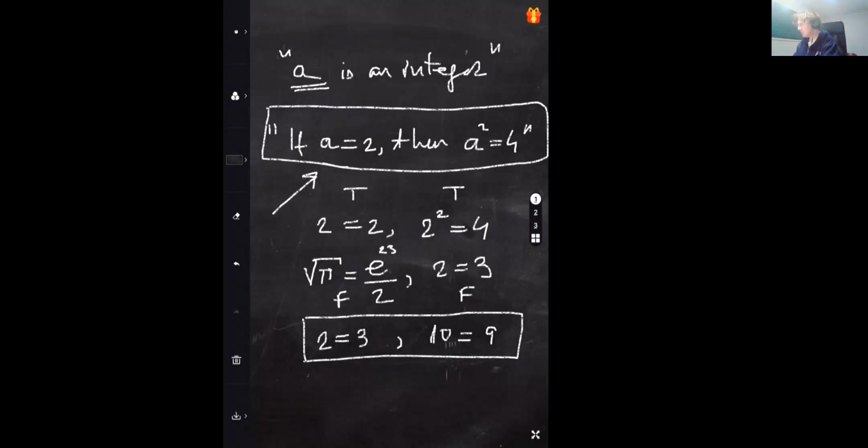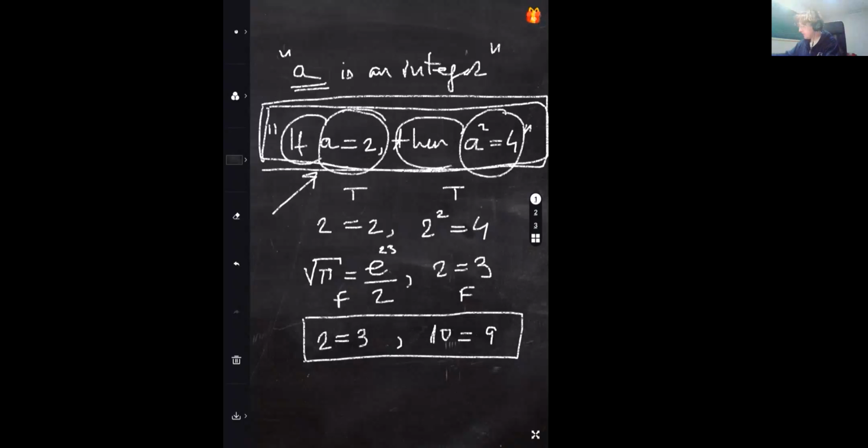So this kind of thing is called an implication. This, then that. If this, then that. And what I wanted to explain to you is that, for instance, in this case, if 2 equals 2, then 2 squared equals 4, which means that true implies true.